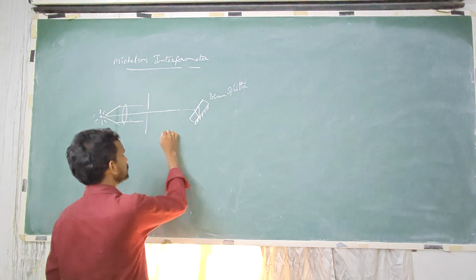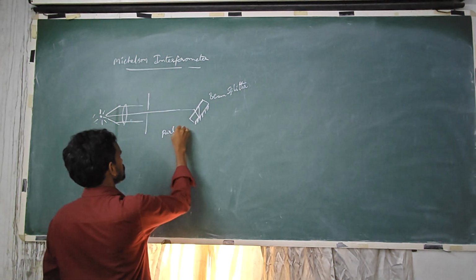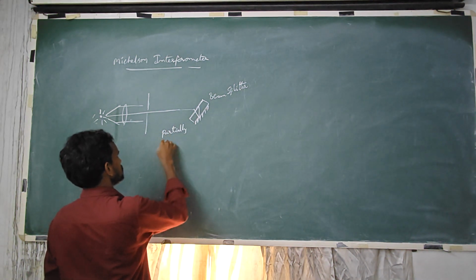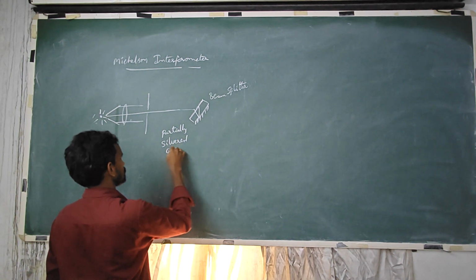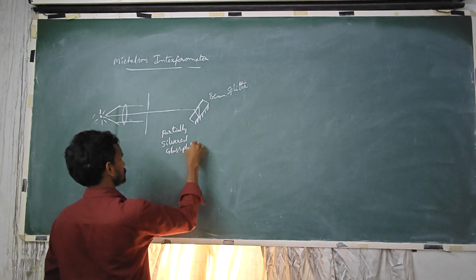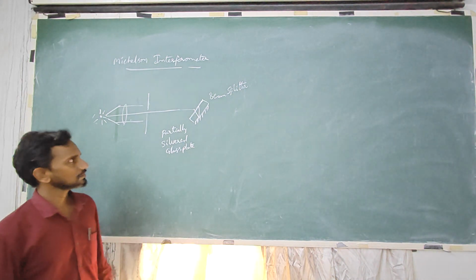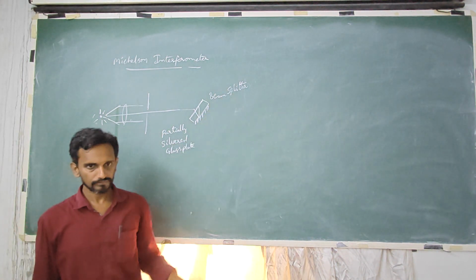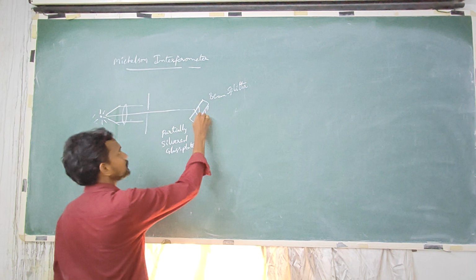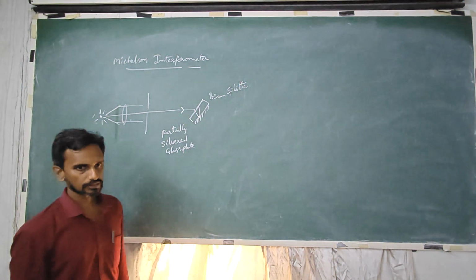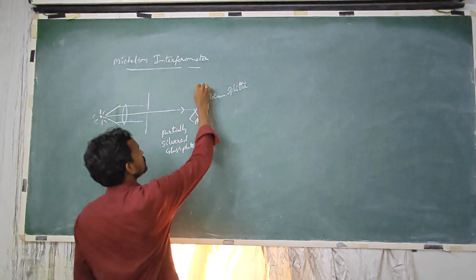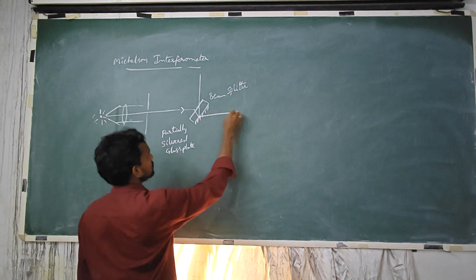So this is a partially silvered glass plate. Its job is to split the beam. So the light beam will reflect on the bottom portion of this glass plate. A portion will be reflected, a portion will be transmitted.